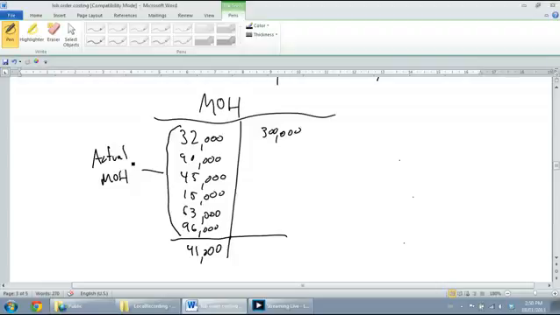That's what actually happened. The right-hand side represents our estimate for overhead. The way we estimated overhead was using that predetermined overhead rate. Except we don't use the word estimated for some reason with overhead. I don't know why we don't just call it estimated overhead. We call it applied overhead.